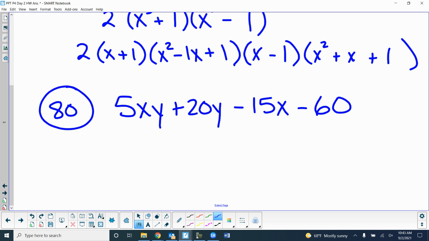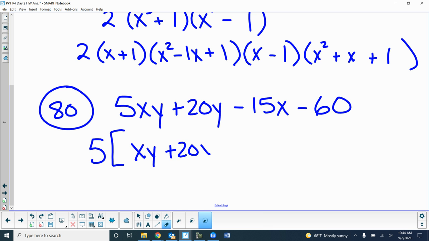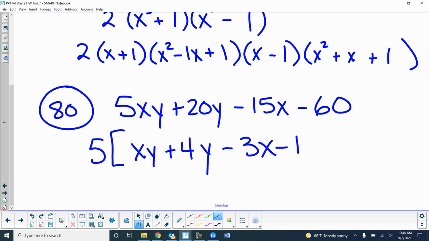So we've got xy plus, oops, not 20, sorry, 4y, yep, minus 3x minus 12. It's 5 times 12, 60.